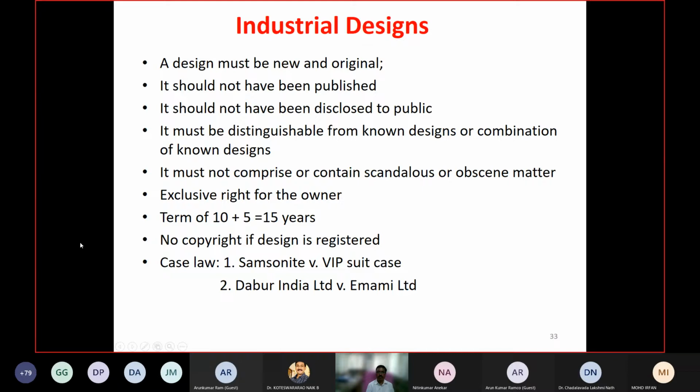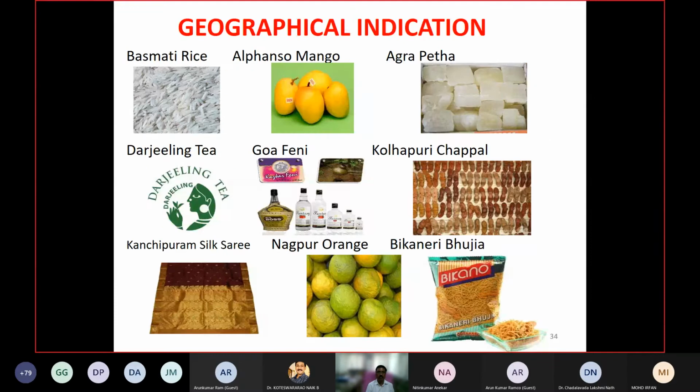It's good for the creator and businessmen also, and finally for their contribution to the GDP of the country. So, as consumers, we are not losing anything. That's what I understand. So, I move to another most important law, that is geographical indication.